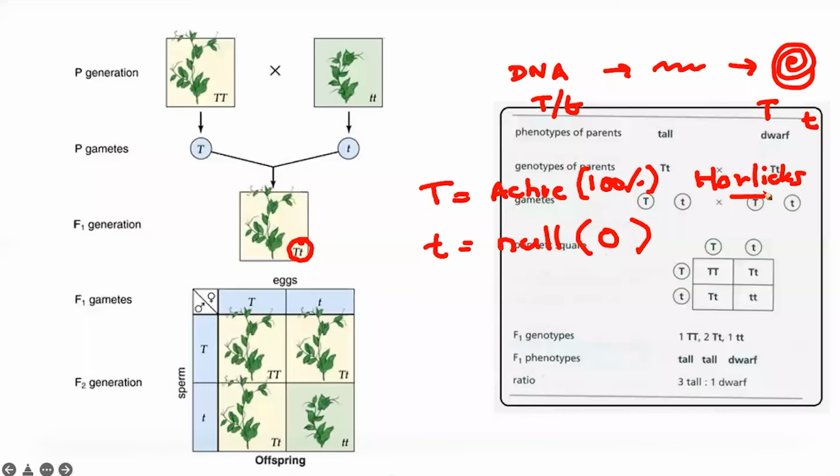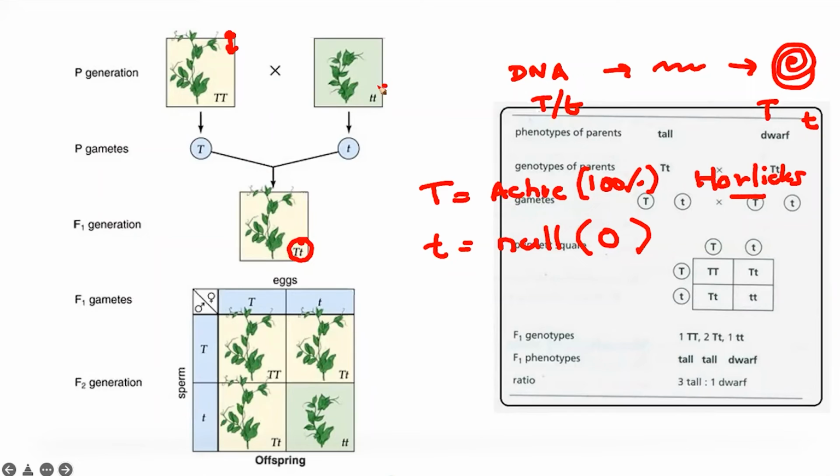And this is just to give an analogy that it gives some growth factor, which causes this plant to become taller than average. So one copy of this Horlicks is enough, you get a tall plant. If you have a single copy, instead of having two copies, you still get the same height of the tall plant. You don't get an intermediate size.